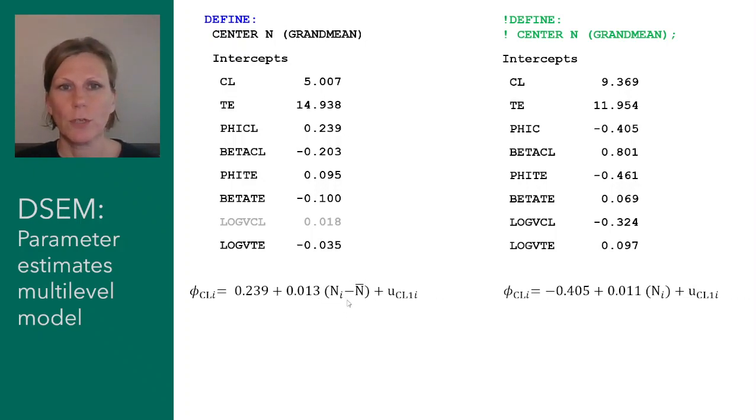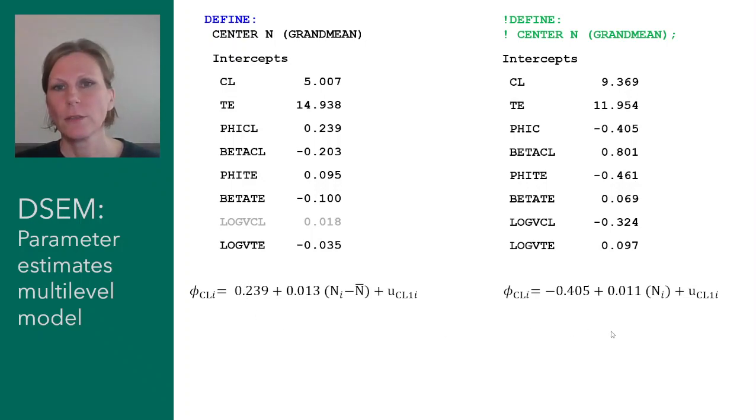Well, if a person scores average on neuroticism, their score here is actually this n bar, so the average. So this will then become 0, which implies that this whole term here basically cancels out or drops out. And what we are left with is that we expect the person to have this as their autoregressive parameter for closeness.